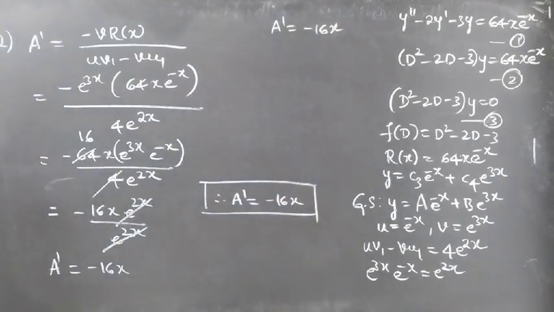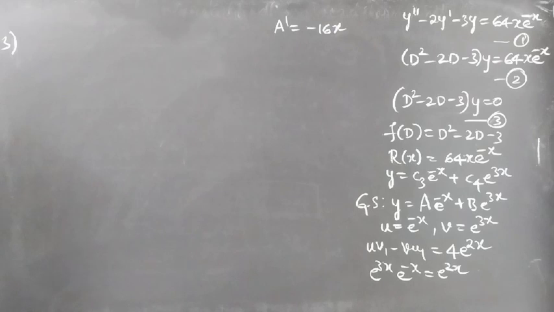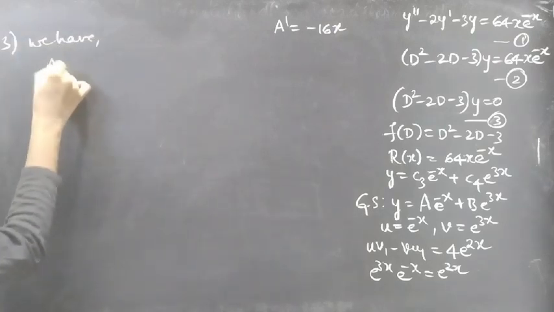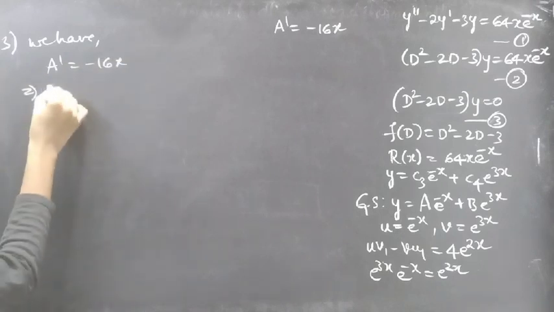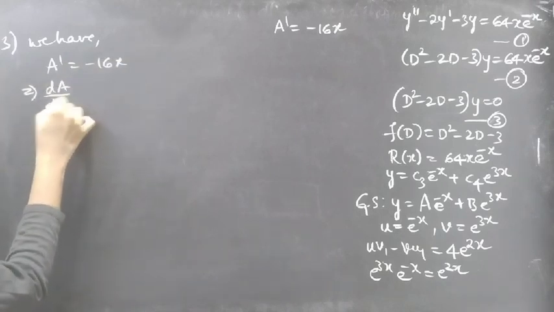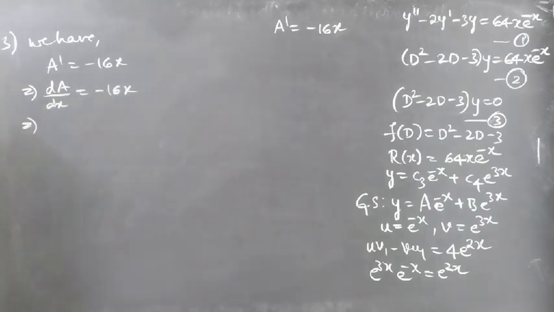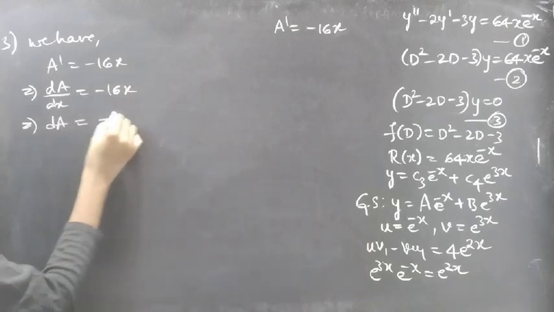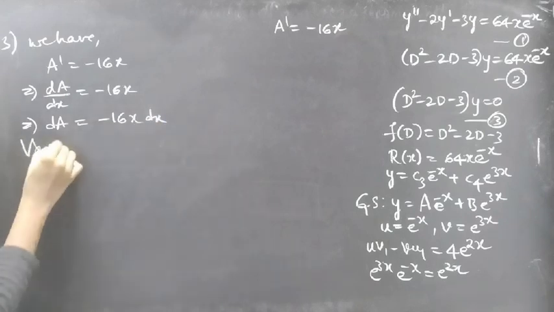Let's now find a using this a dash. We have a dash equal to minus 16x. a dash is nothing but the derivative of a with respect to x, equal to minus 16x. Let's now separate the variables by taking dx to the RHS. We'll get dA equal to minus 16x dx. Here the variables are separable.